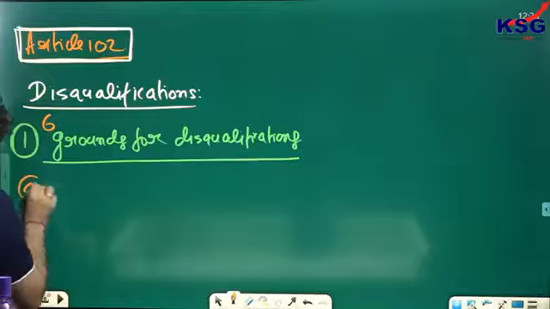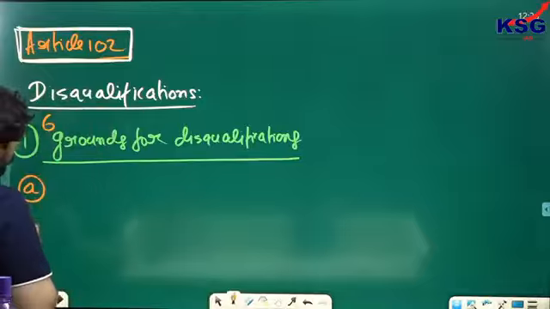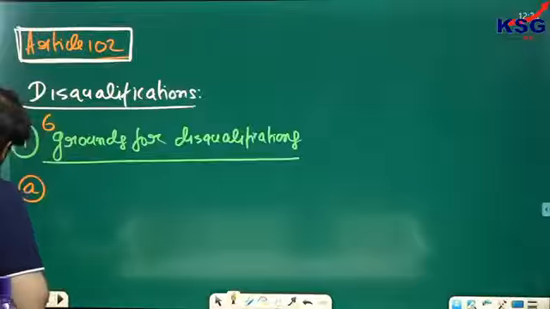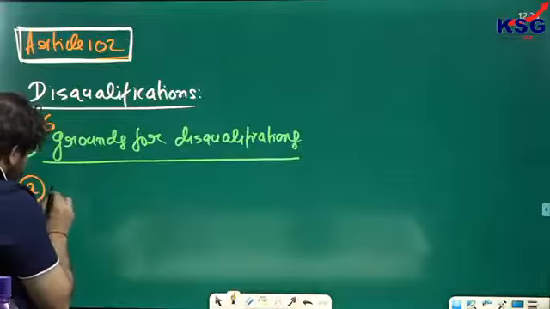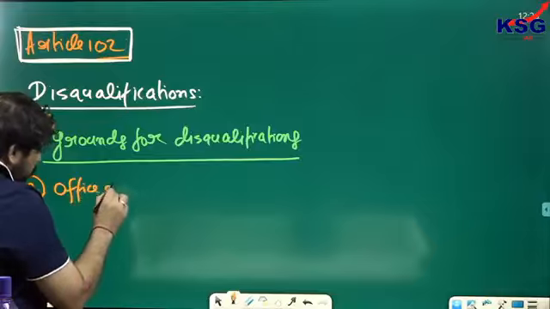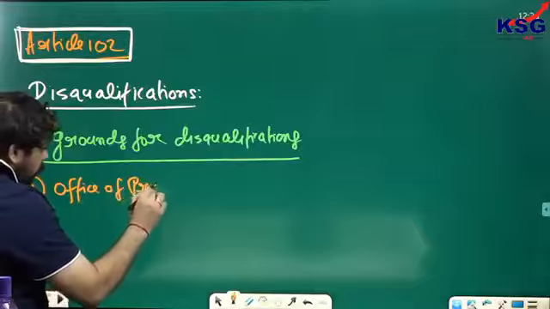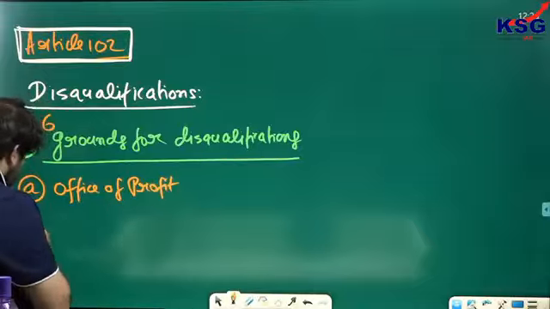A, you have, for example, the questions which are related to office of profit. If a member of parliament holds an office of profit, he will be disqualified.